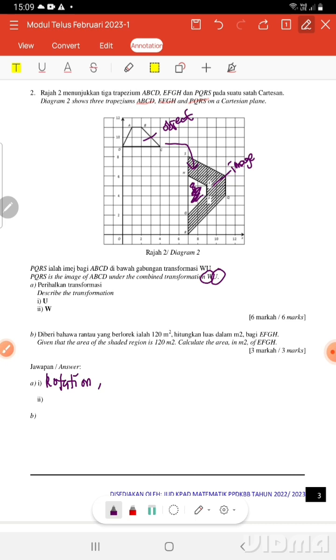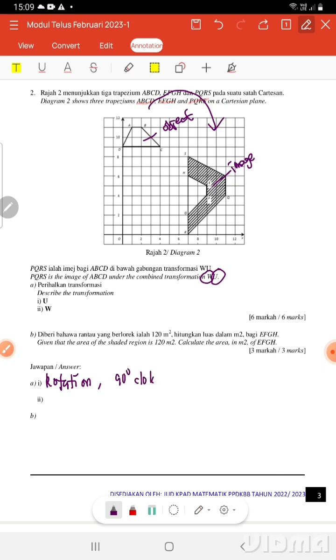Next we want to know the center. For the center, first you must guess either clockwise direction or anti-clockwise. From this one you can guess, so it is clockwise rotation and 90 degree. So actually you can already write 90 degree clockwise here.